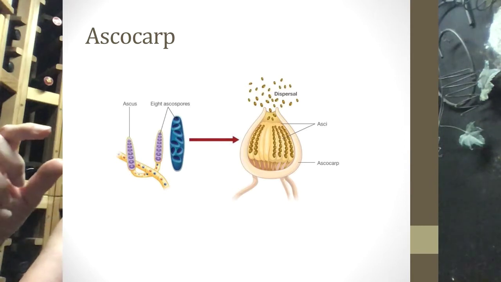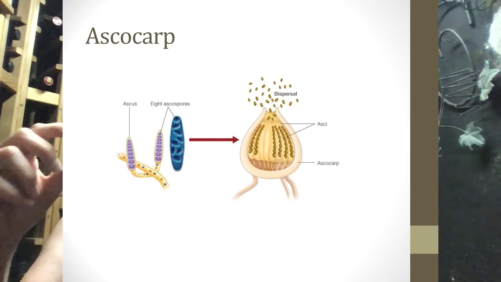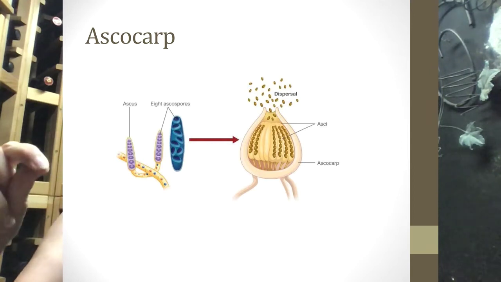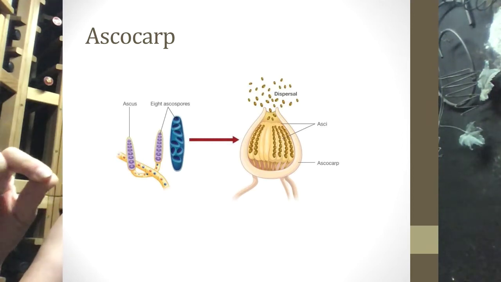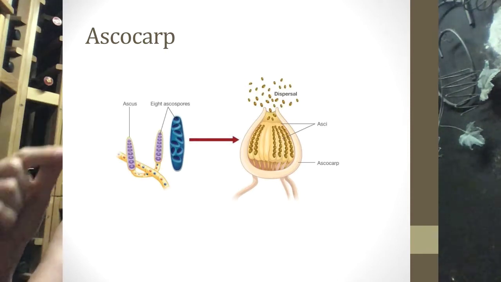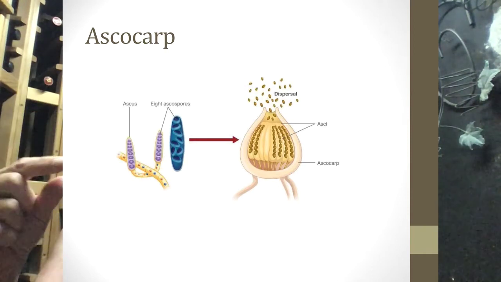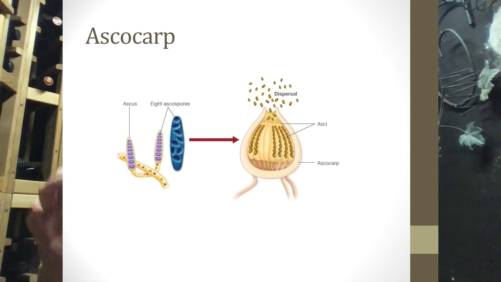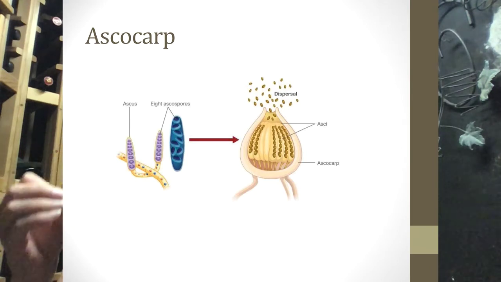That's where the dikaryotic nuclei will first fuse to form a diploid zygote, and then the nucleus divides by meiosis to form several haploid nuclei, and through mitosis, more and more haploid nuclei.